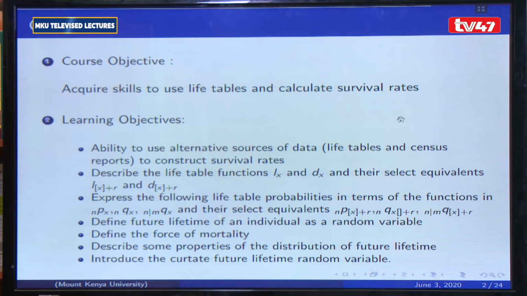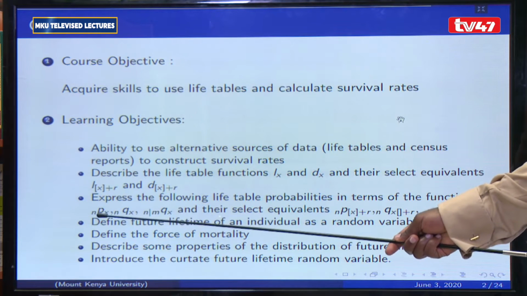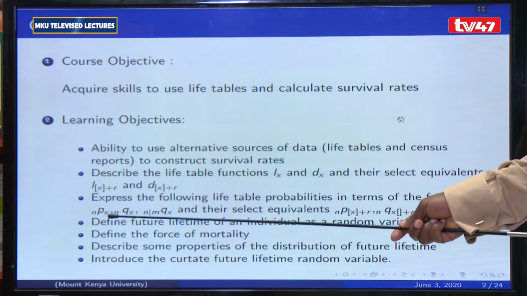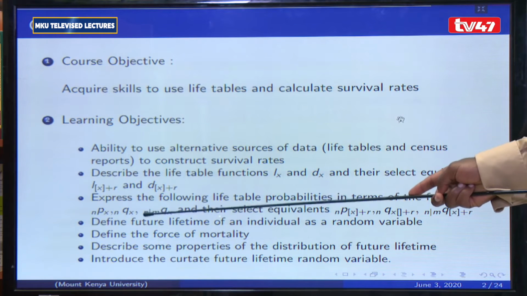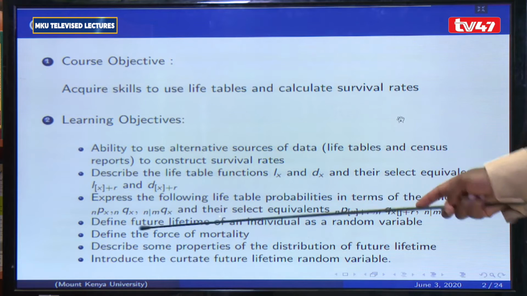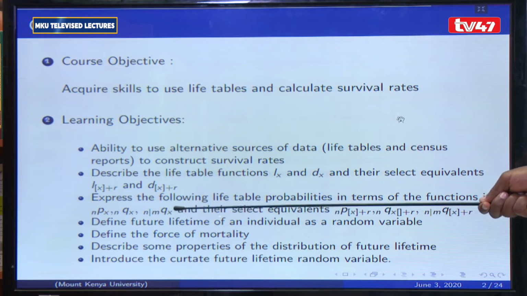Then we'll be able to express life table probabilities in terms of the following functions. We have n p x, with n and x as subscripts, and then we have n q x, and then we have m, this is a vertical bar, not a slash, vertical bar, n q x.